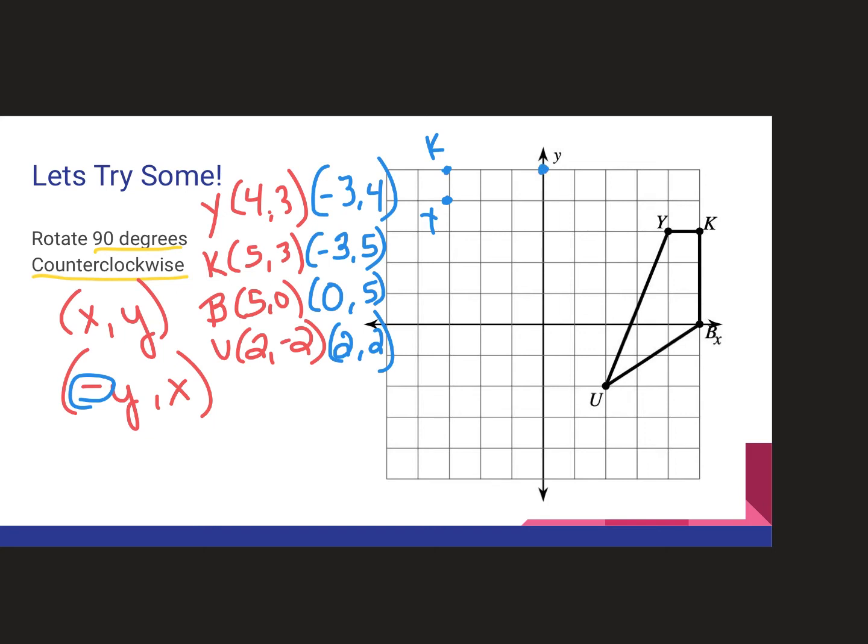And then U is at (2, 2), right here. It's U and that's B. So if I connect these, you'll see it looks like it did when I turned it. Not too hard. Again, you're just flipping your x and y, and the first part of it changes signs.